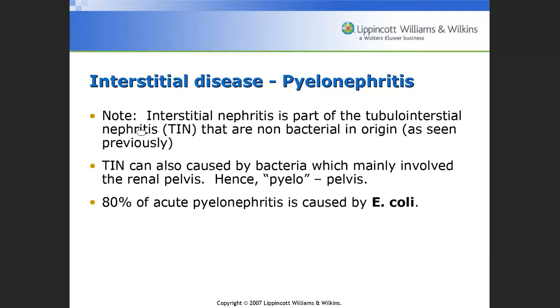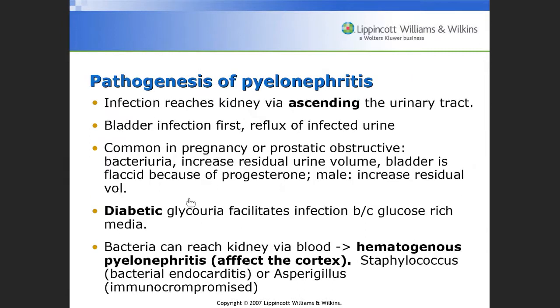Okay, so most acute pyelonephritis is caused by infections of ascending E. coli. With a urinary tract infection, the very typical common bacteria is usually E. coli. It can be treated with antibiotics. And it shows you here that it is due to the ascending bacteria of the urinary tract.